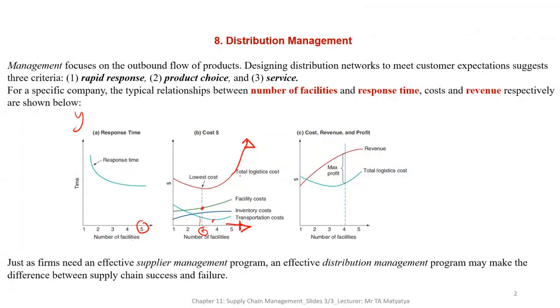So this is actually total logistical cost. The more facilities, the more they skyrocket. Although they start at a higher rate, as you can see here. Then facility costs also increase exponentially. And the one that tends to subside is the inventory cost.